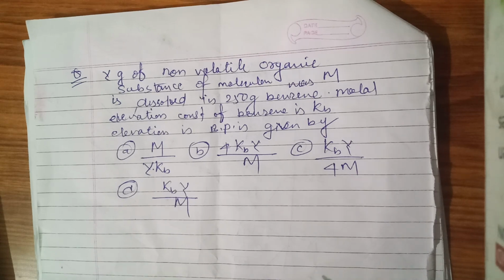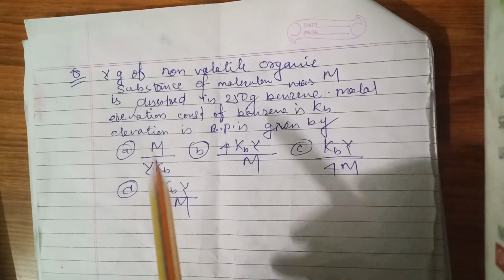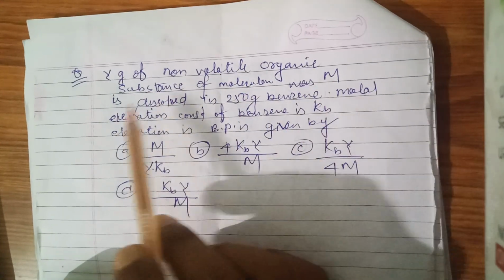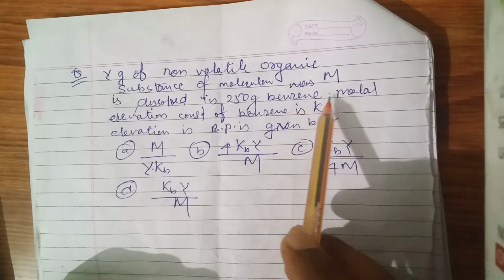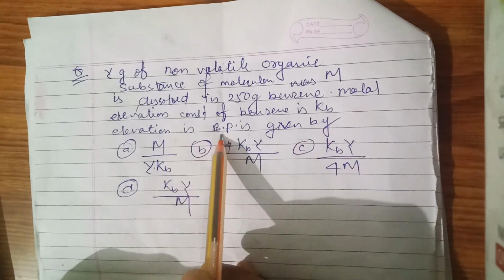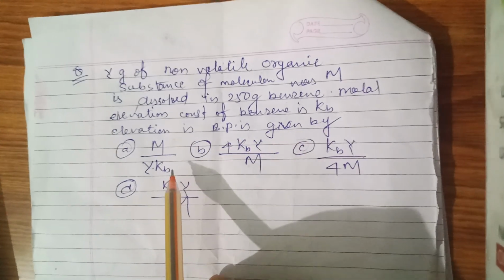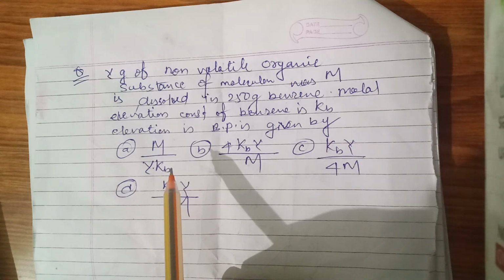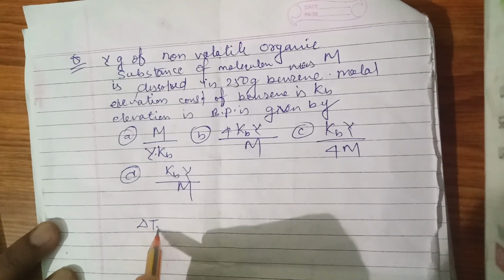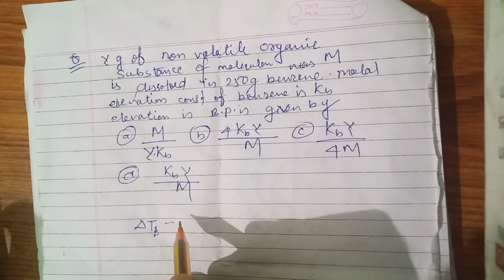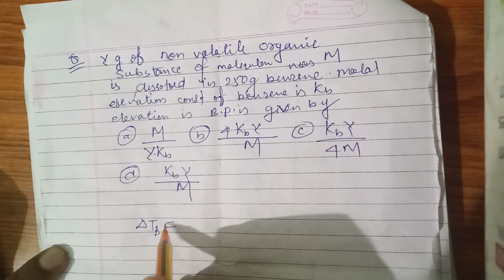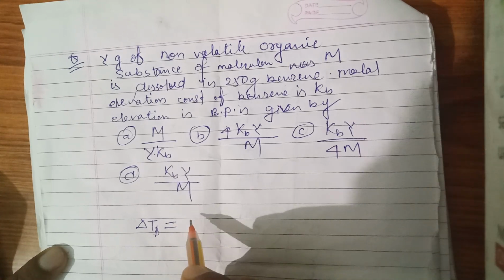So we have the question: Y gram of a non-volatile organic substance of molecular mass capital M is dissolved in 50 gram benzene. The molar elevation constant of benzene is Kb. Which of the following formulas represents the elevation in boiling point? As we know, delta Tb is equal to Kb into molality.